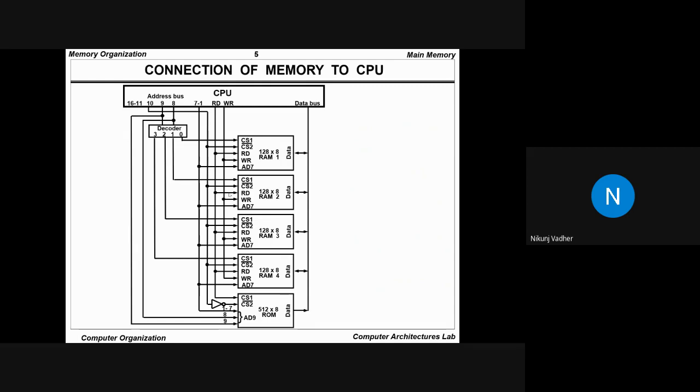Here you can see the first 7 bits will be given as an input to RAM 1, RAM 2, RAM 3, RAM 4, and it will also be directly given as an input to ROM.